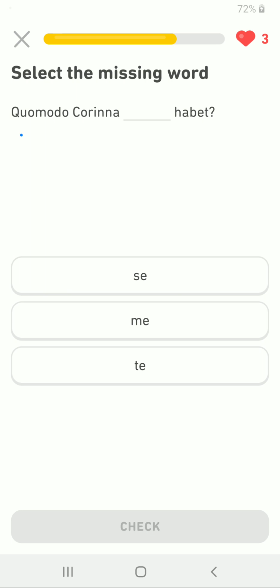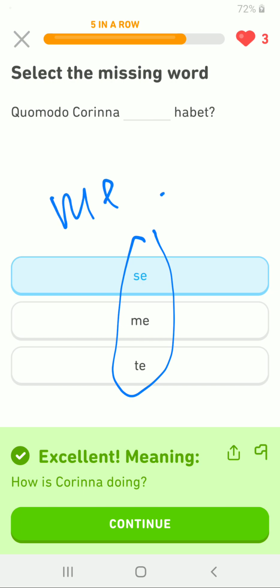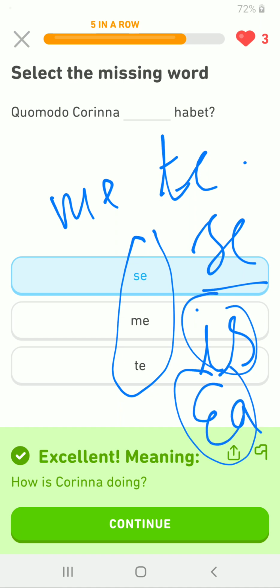Quomodo. Here we see how. Quomodo Corina se habet. So we have here some pronouns, and we have me for I, we have te for you singular, and se for he and she.